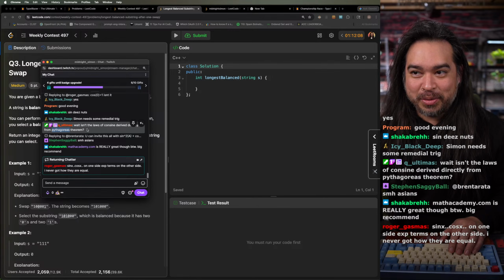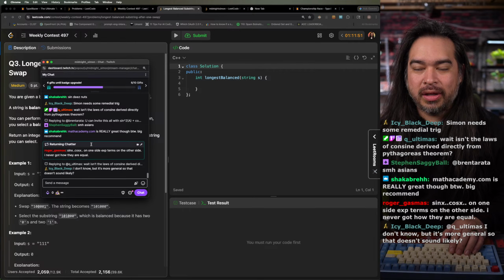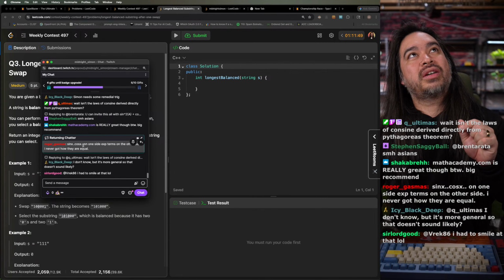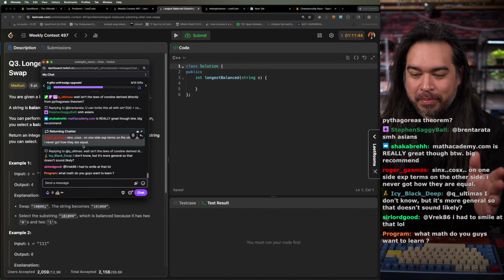Math Academy is really great though. Big recommend. Wait, sine x, cosine x, one. Wait, on one side. What? I never got how they are equal. Wait, the sine of a thing is supposed to be the y component, right?